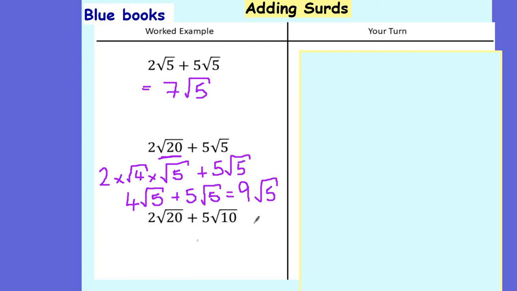The one underneath looks a little bit different, but I'm going to start by simplifying that first one. I simplified that to 2 times the square root of 4 times the square root of 5. And there isn't a square number that's a factor of 10, so I'm going to leave that one as it is.